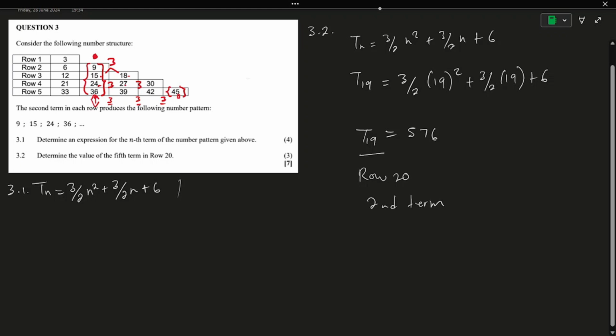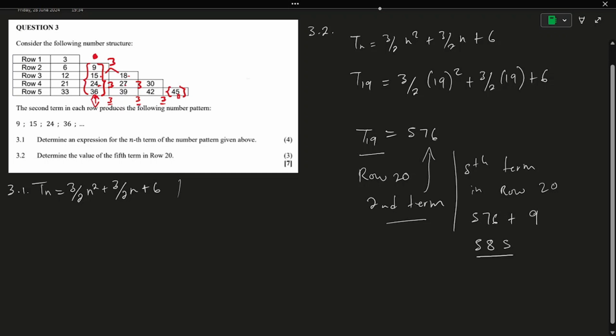And we saw that to move from the second term to the 5th term, we add 9 to whatever value that we have. So in other words, to get the 5th term in row 20, we have to take what was in the second term, which we got, which is 576, and add 9 to it, and we are going to get 585, right?